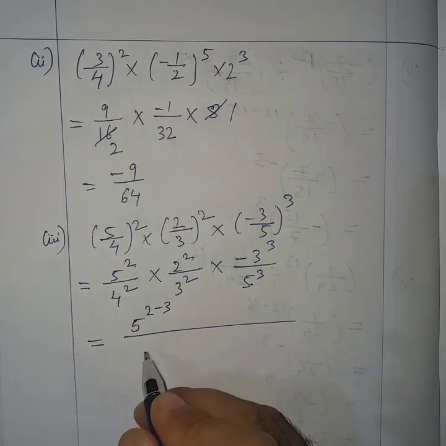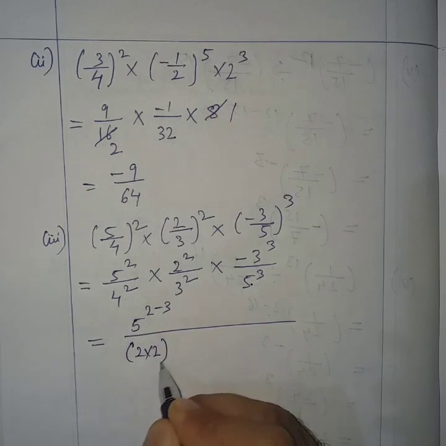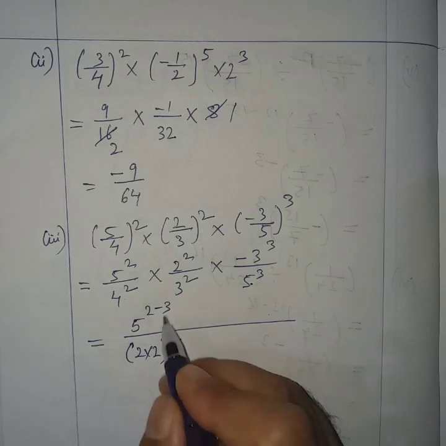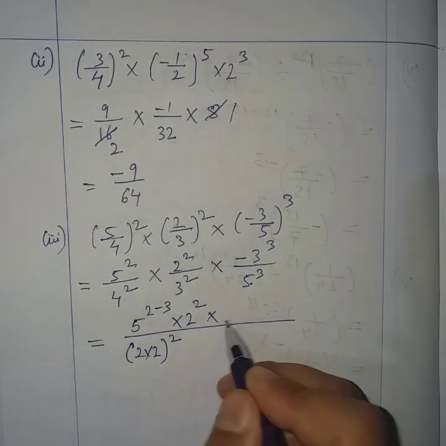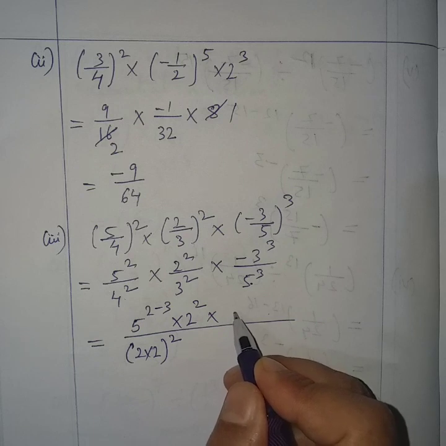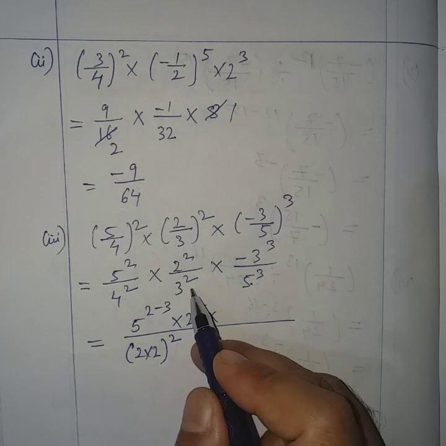So this 4 can be written as 2 into 2 whole squared. Okay, so let it be. In the next step we'll do it. 2 squared into minus, this one is minus 3 cubed and this one is 3 squared.